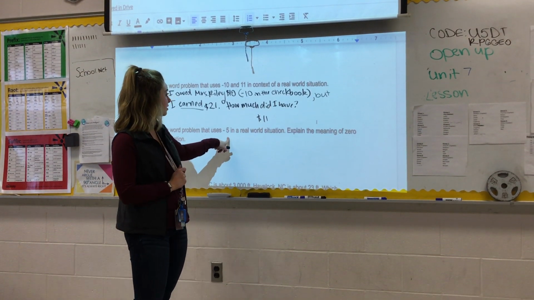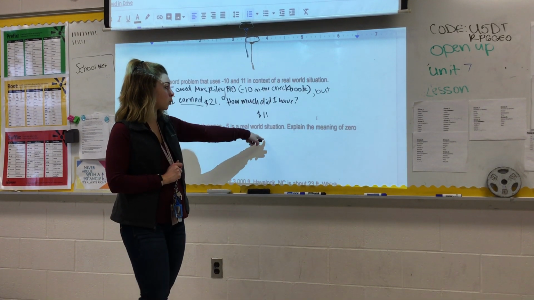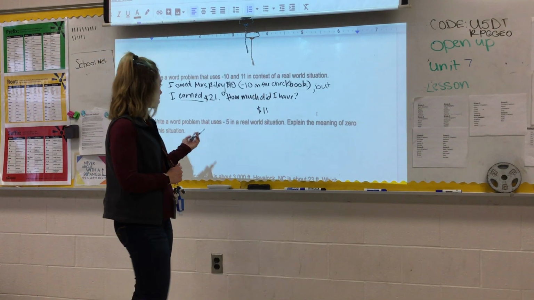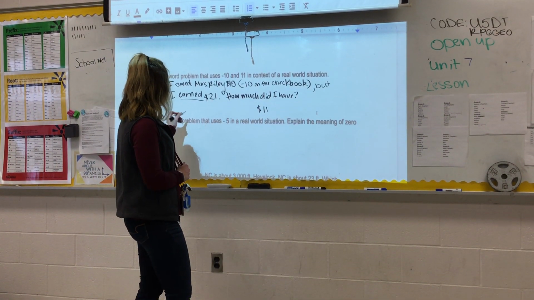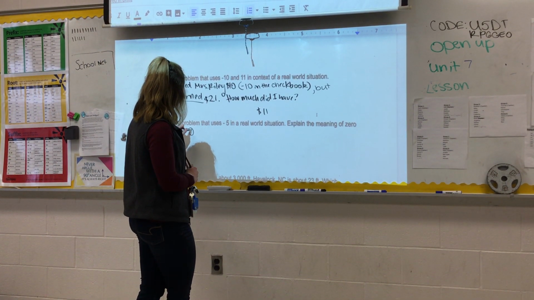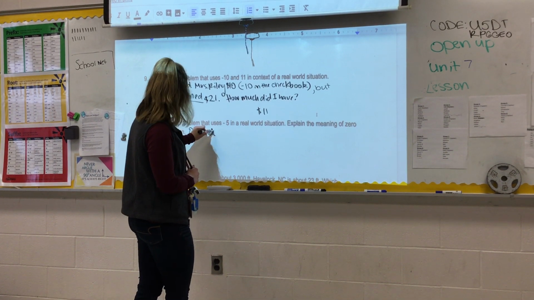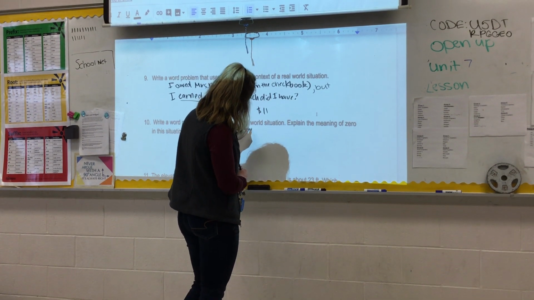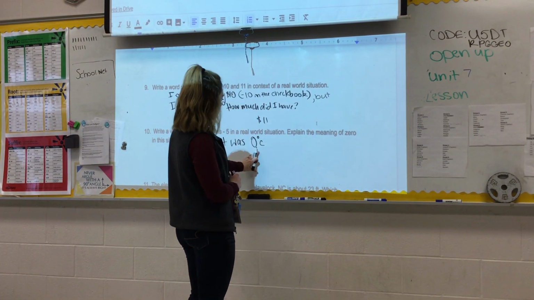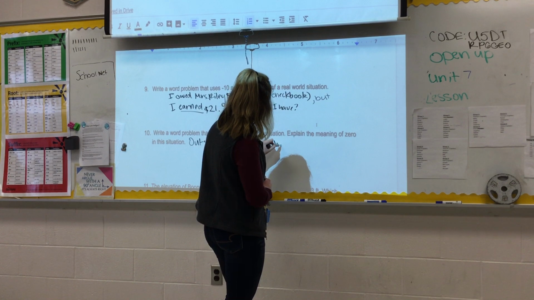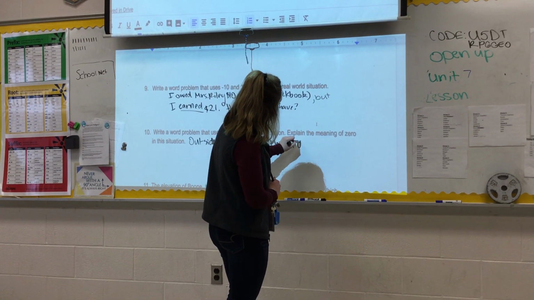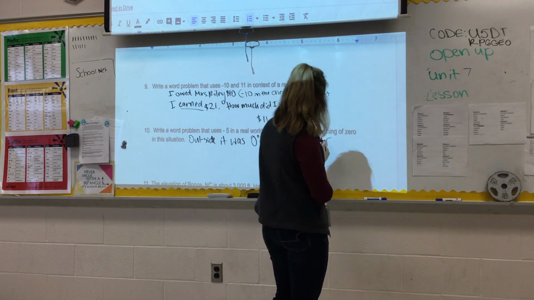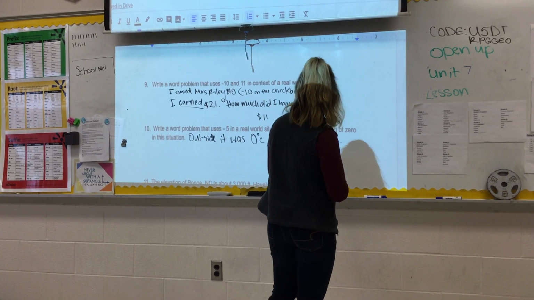It says that uses -5 in a real world situation, and this one adds to explain the meaning of 0 in this situation. So if I say outside it was 0 degrees Celsius, then it dropped, became lower 5 degrees Celsius.